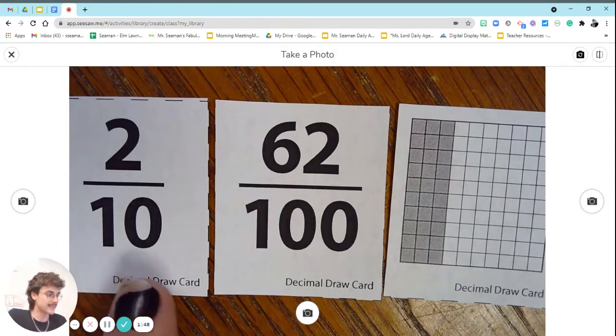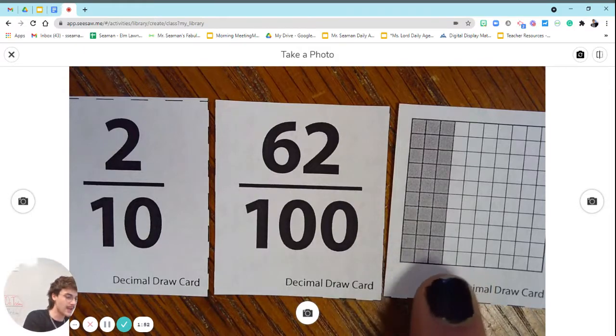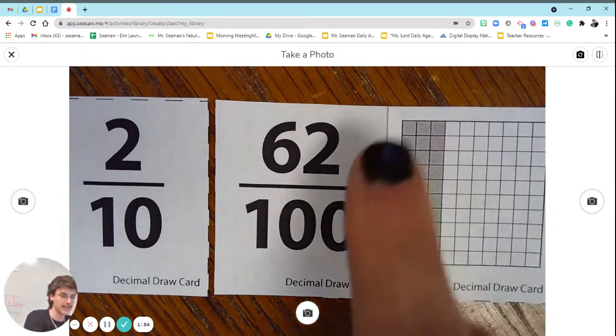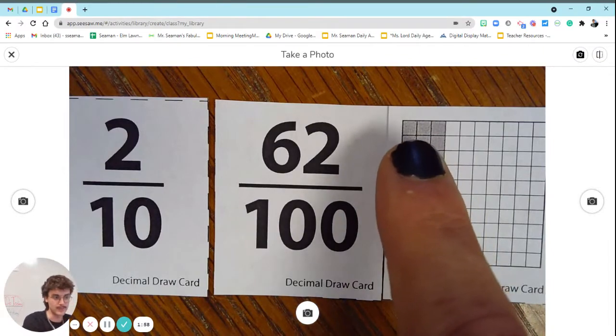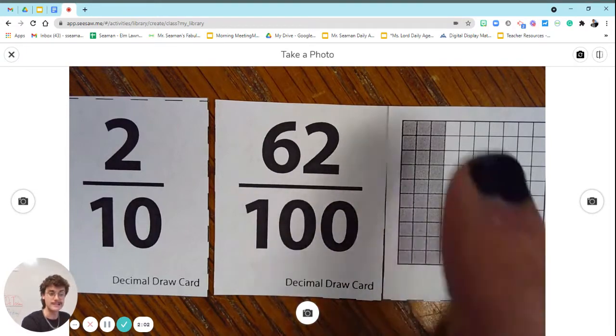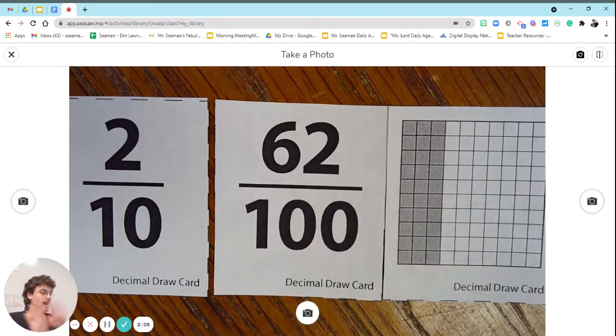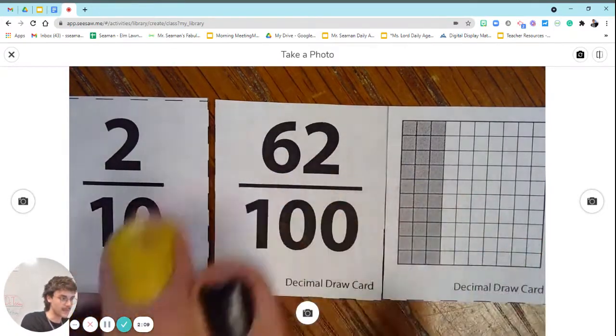We have tenths, 100ths, and then we have a 100 block here. And as we can see, there are how many strips? 1, 2, 3 strips of 10. So this is 30 squares colored in. But anyways, we have these 3 different types of cards here.